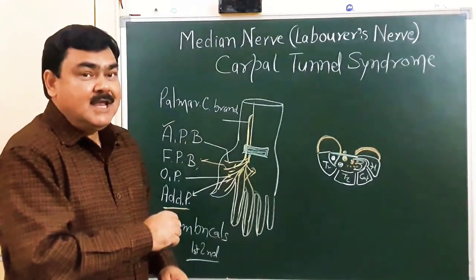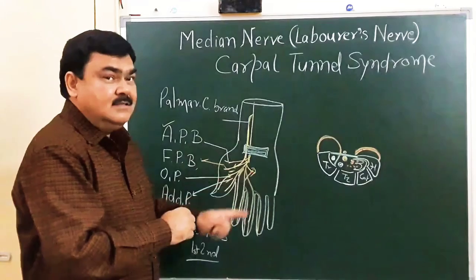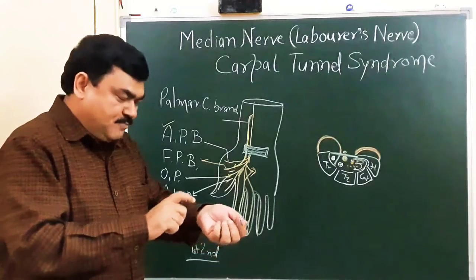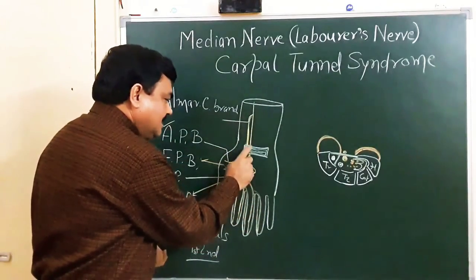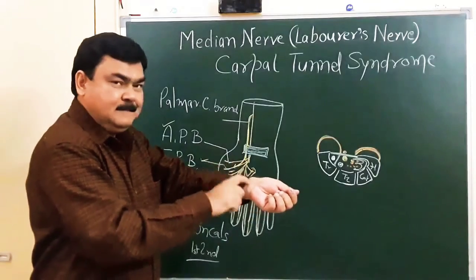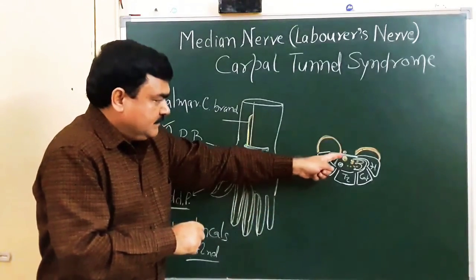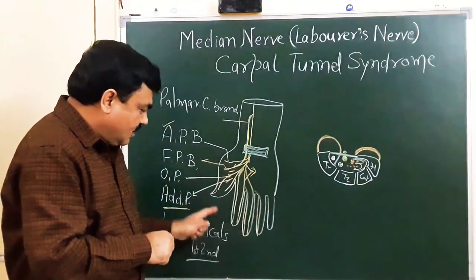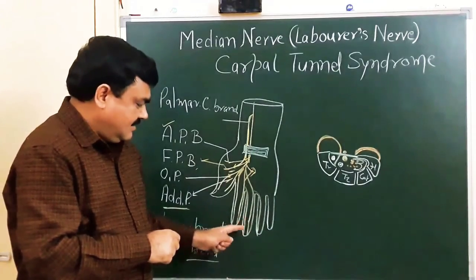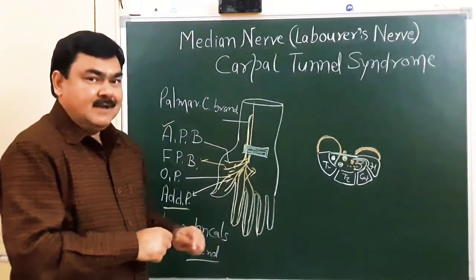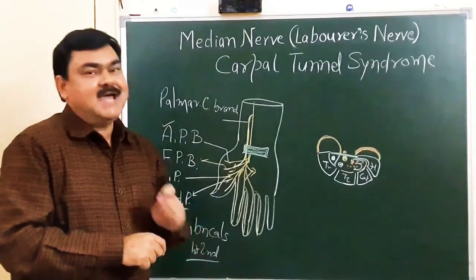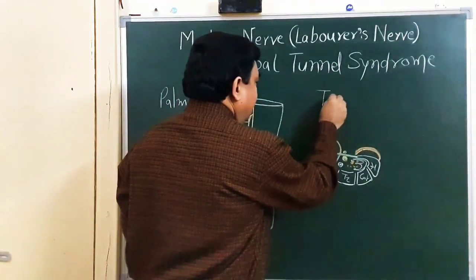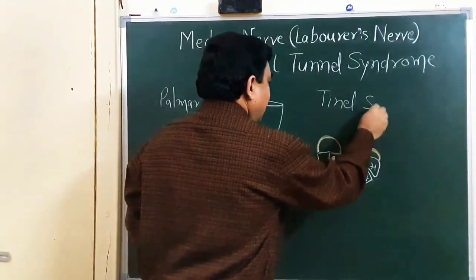There are some clinical tests. One is Tinel sign. If you percuss here, like this, over the median nerve and the flexor retinaculum, it causes a tingling sensation over the area supplied by the median nerve. This is Tinel sign, T-I-N-E-L.